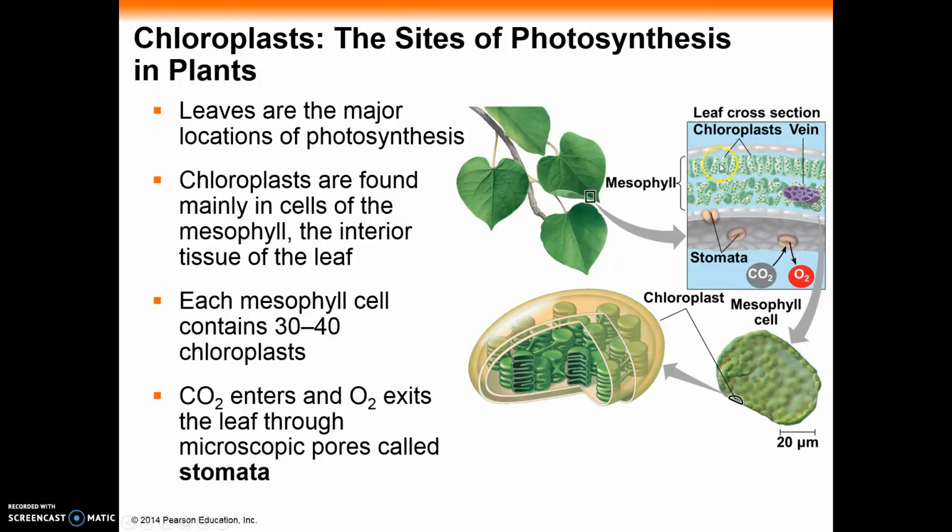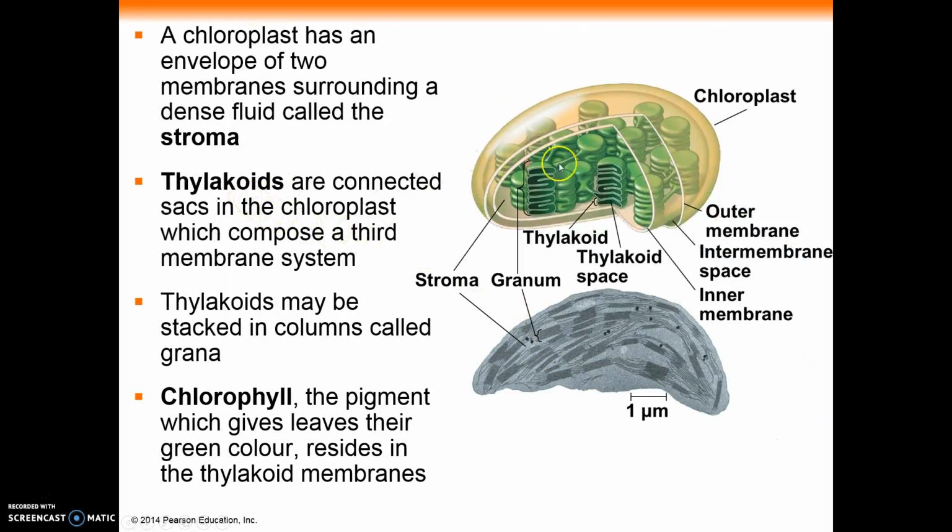Inside of the leaf, we have various mesophyll cells and vasculature, which can carry nutrients from the leaf to the main part of the tree or plant. If we then zoom in on this mesophyll cell, it is filled with chloroplasts.